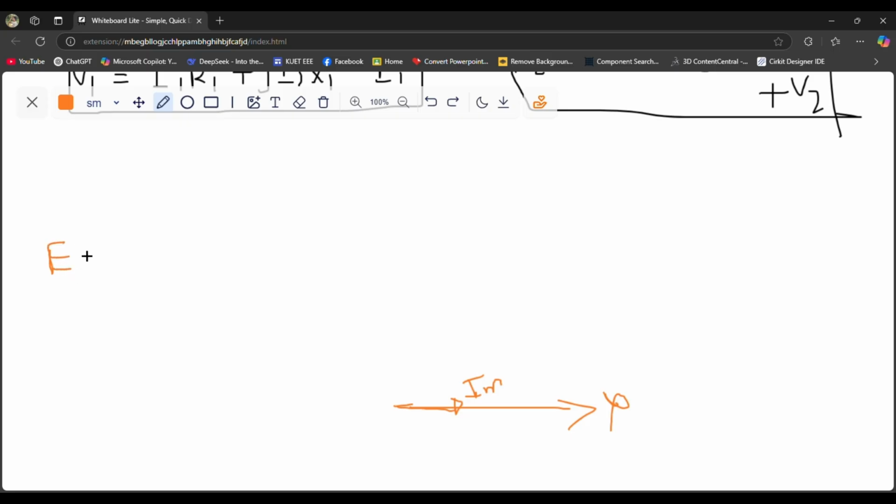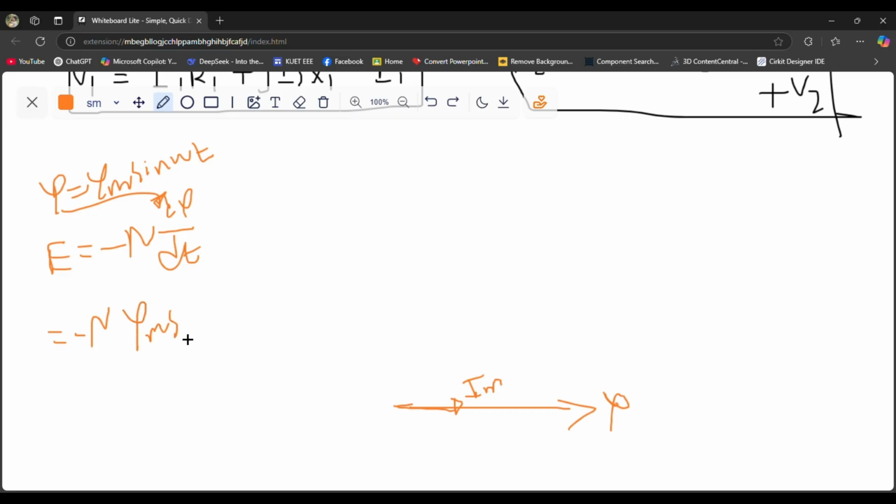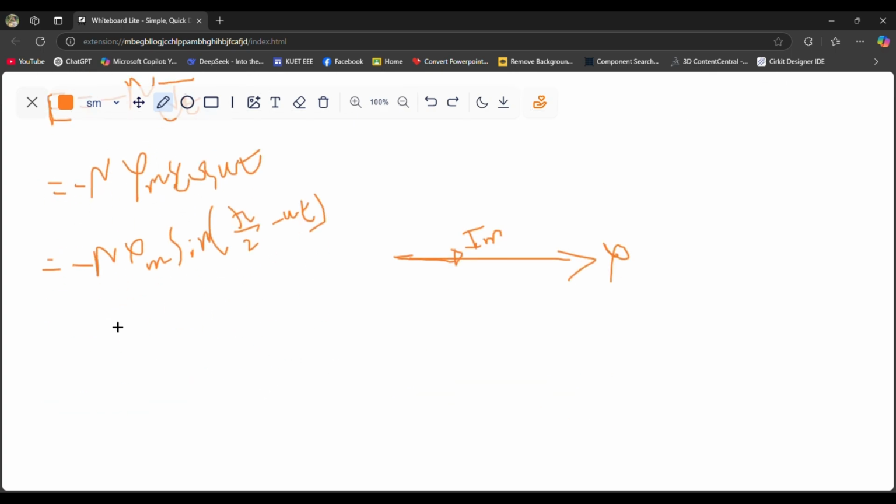And the angle or the phasor relation between E1 and E2 and phi will be something like this. We know E is equal to negative of d phi by dt, and let's say phi is equal to phi m sine omega t. So if we put this phi value in this E equation, then after differentiation, the equation should be something like this: cos omega t. Okay, then take a negative, and phi m sine pi by 2 minus omega t, and let's take out this negative sign.